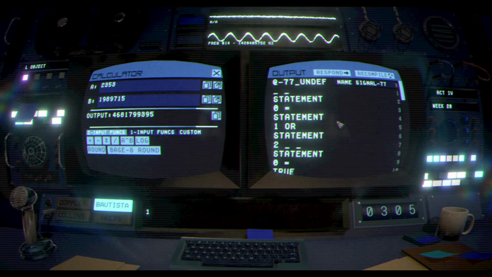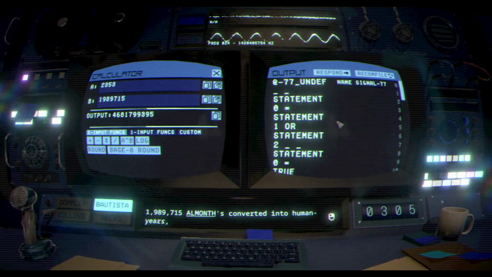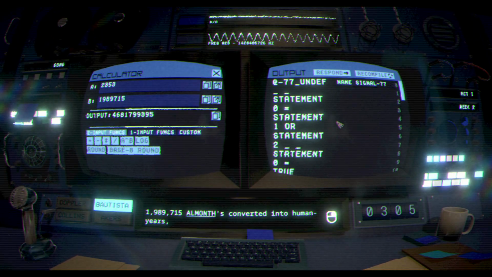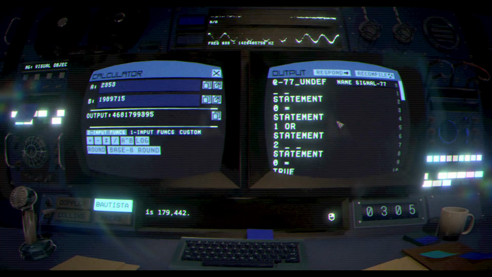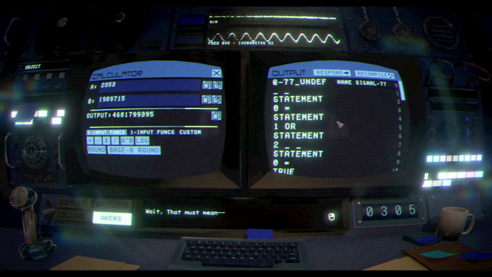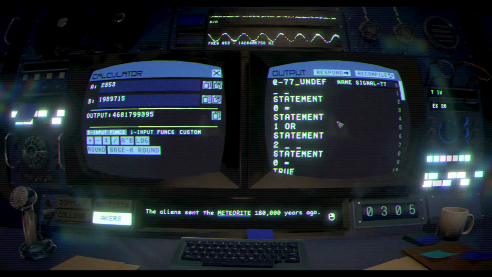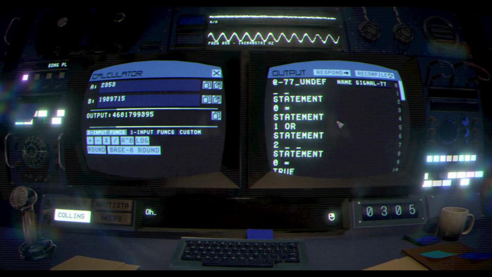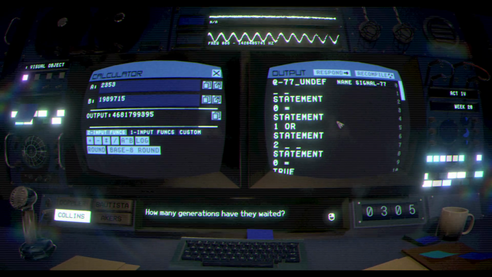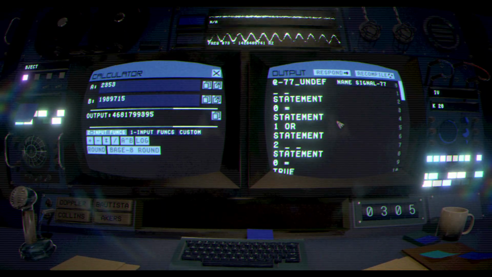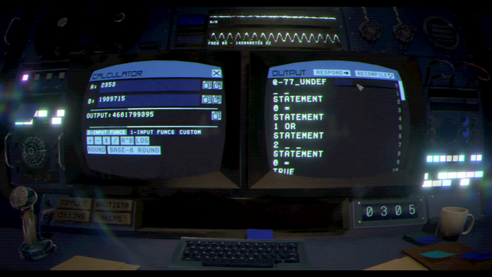I double-checked the math. 1,989,715 all months converted into human years is 179,442. Wait, that must mean the aliens sent the meteorite 180,000 years ago? Oh, how many generations have they waited? More than like all of recorded history.